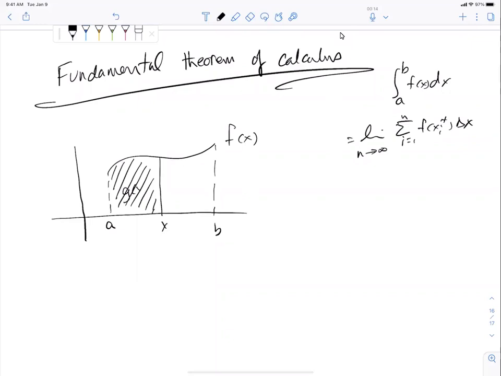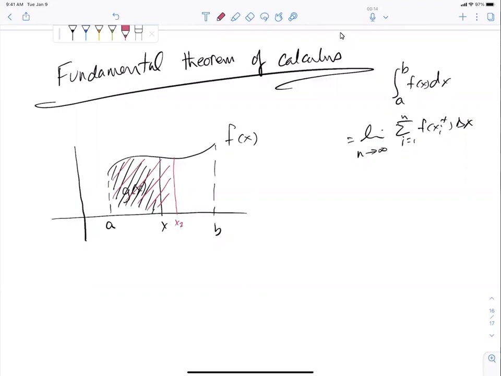So g of x is that area. I hope you can visualize that. As I keep moving to the right, g of the new x, if this is x1, then g of x2, for example, would be that part, and g of x3 would be the portion up to that next piece.